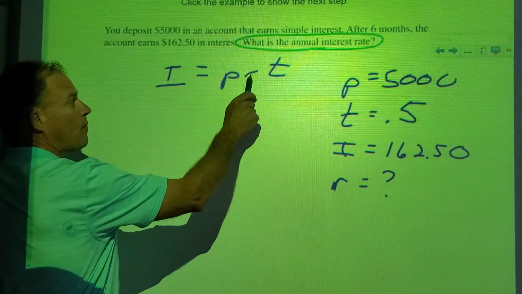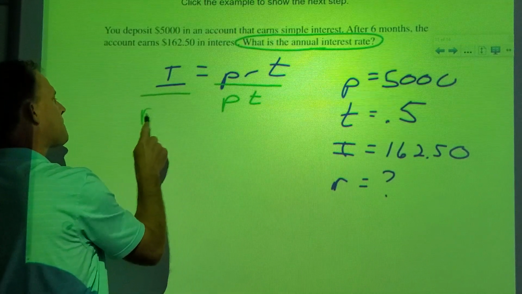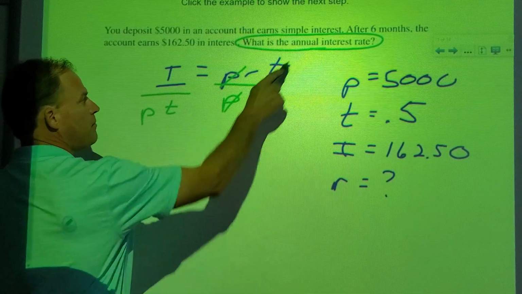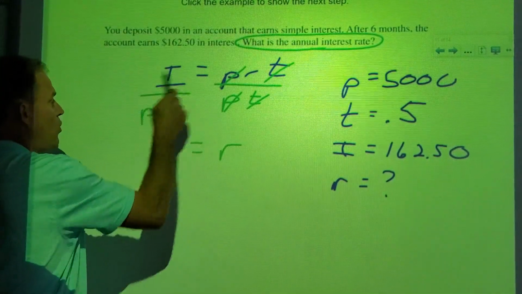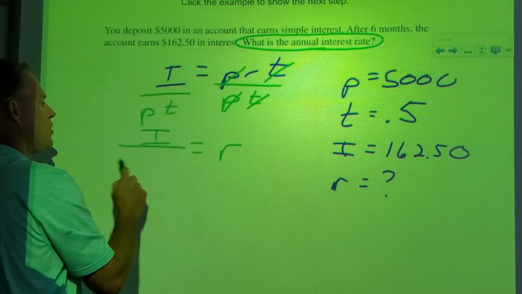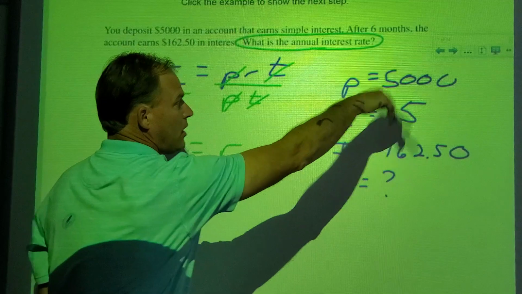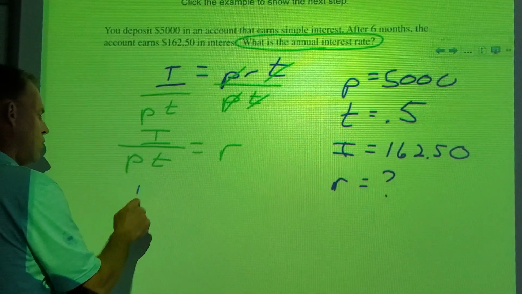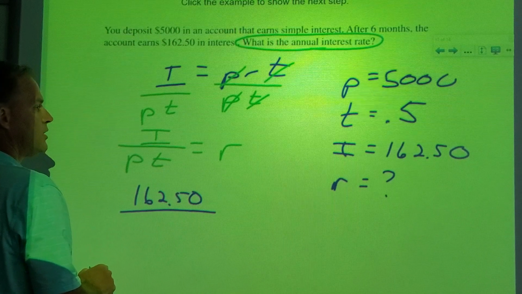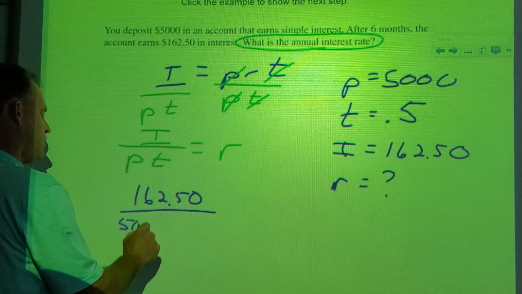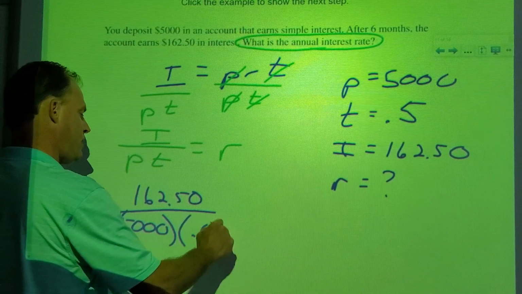So if I'm getting R by itself, I divide by P and T. P divided by P, T divided by T. Now R is by itself. Over here, I have I over PT. Then plug in for your information. 162.50 is your interest. Your principal is 5,000. Time is 0.5.